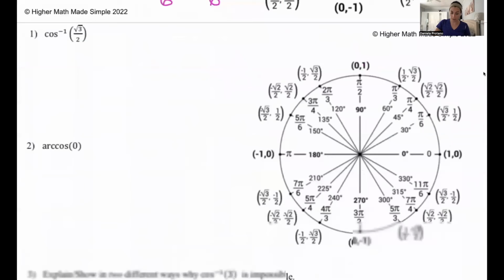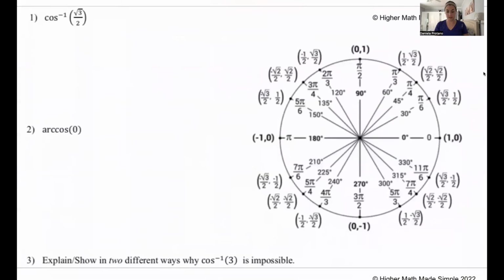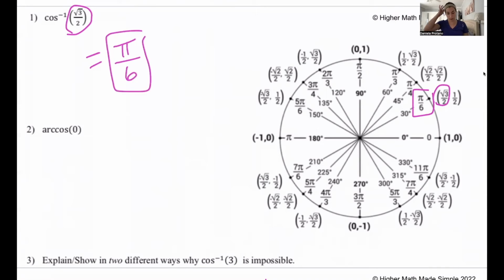So let's try these examples here. Inverse cosine of +√3/2. Again, we're looking at the x values and we're only looking between quadrants 1 and 2. So our answer is going to be pi/6. Okay, so how about arc cosine of 0? Where do we see the x value is 0?